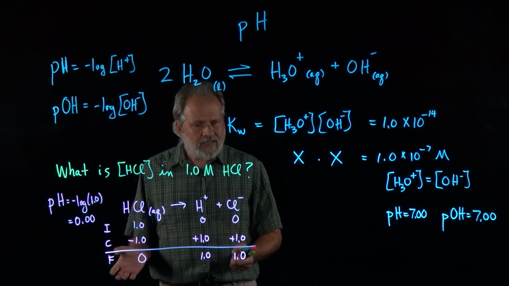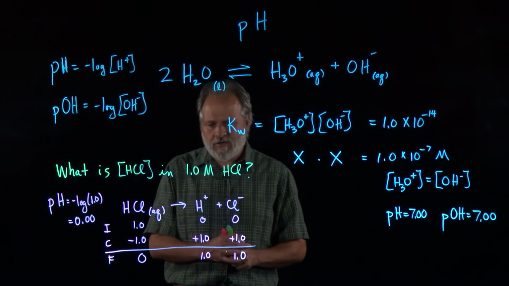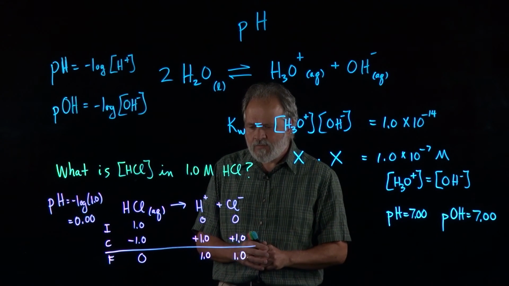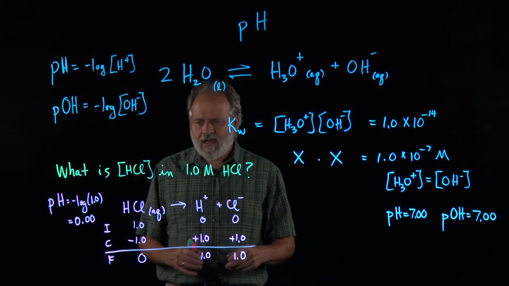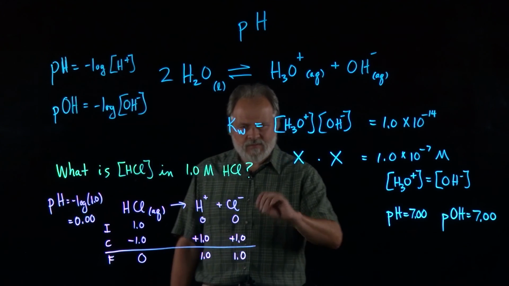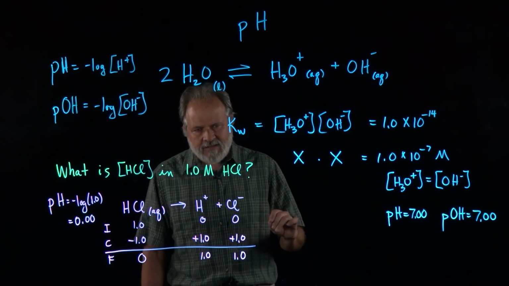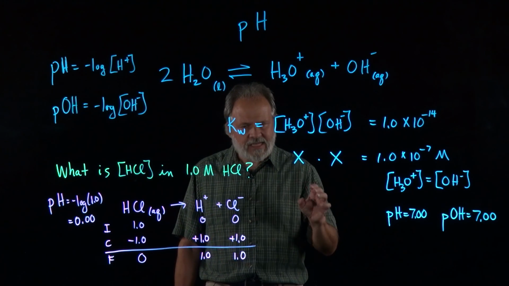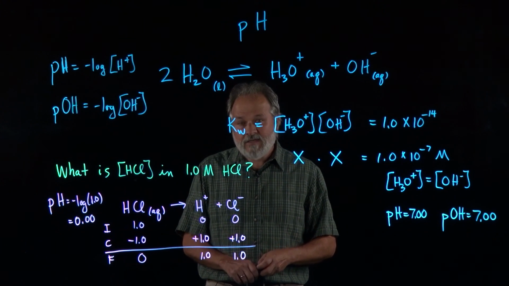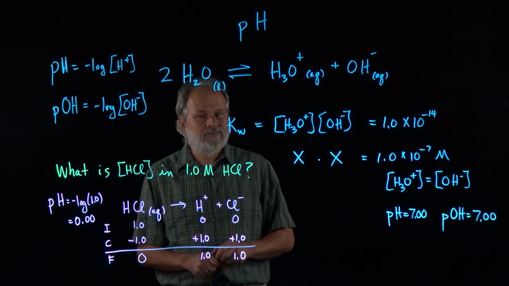You can actually have a negative pH if the H plus concentration goes above 1 molar. You'll get negative pHs. All right, and so be careful that you realize that just because something's written so-and-so molar on the bottle does not mean that's the concentration of the thing that's actually in solution. All right, so in the next video, we're going to talk about a different case, which is a weak acid.